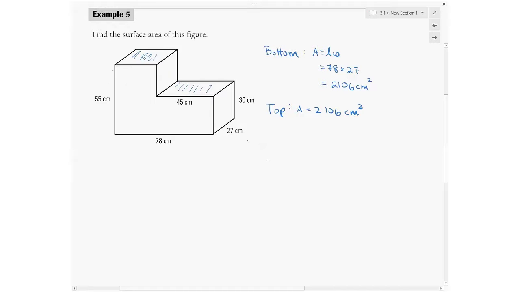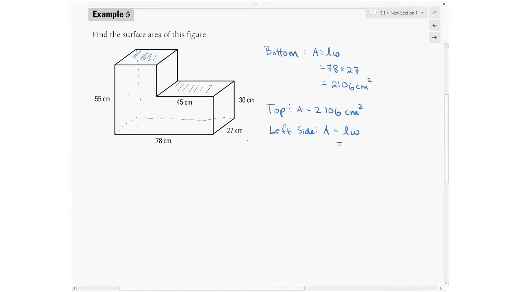Okay, now let's consider this left side that's hidden back here. If we did a dotted line, this would dot across. This area here would be the one side, so we'll call that the left side. You can see again it would be a rectangle, and so we know that the area is the length times the width.